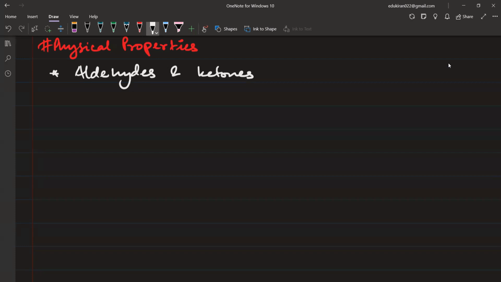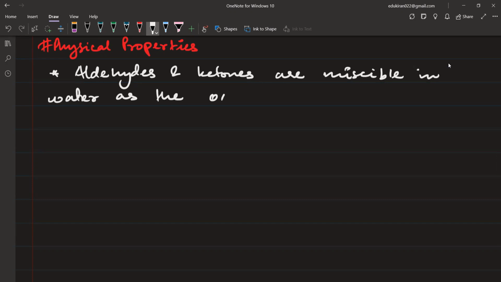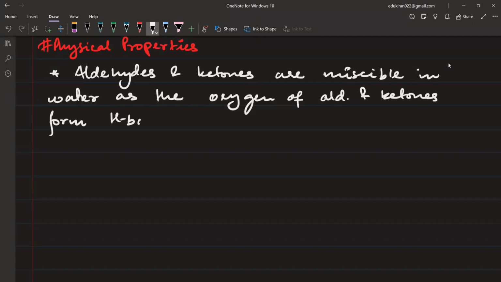Aldehydes and ketones are miscible in water as the oxygen of aldehydes and ketones forms hydrogen bonds with hydrogen of H2O.